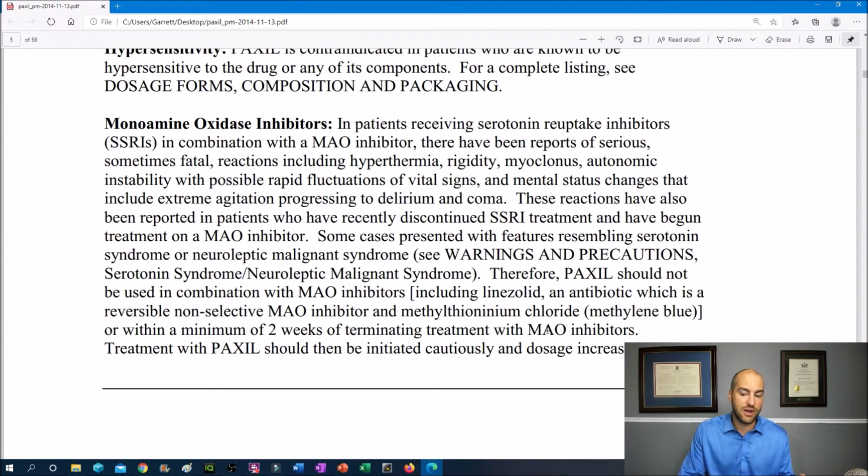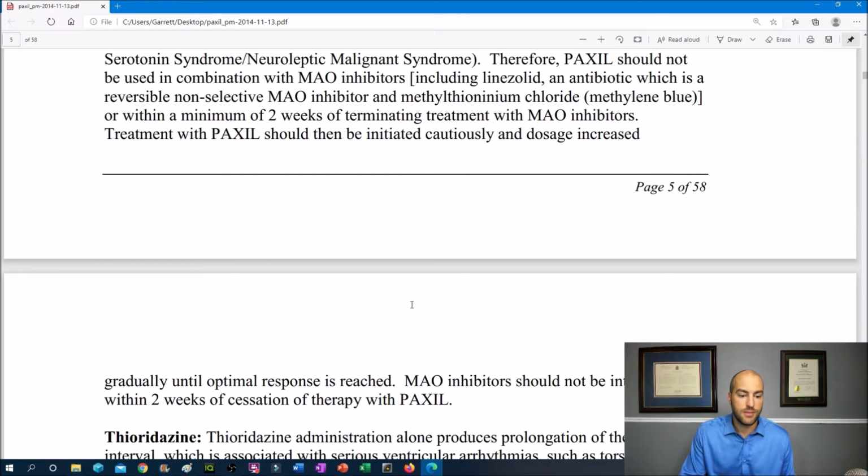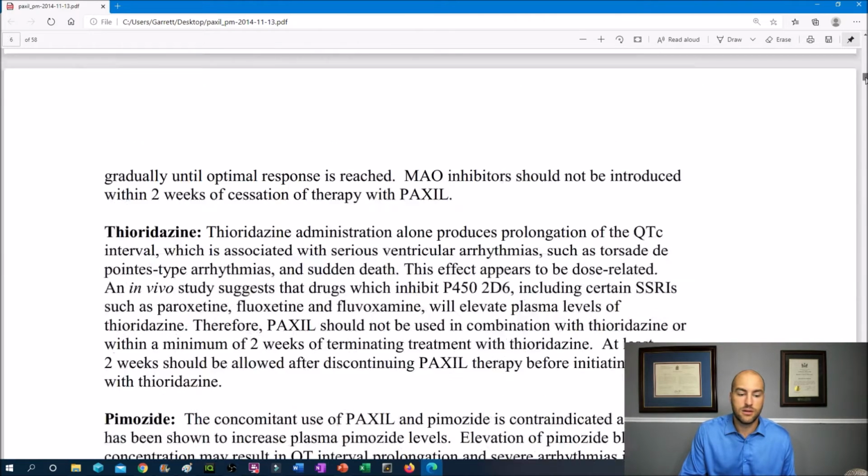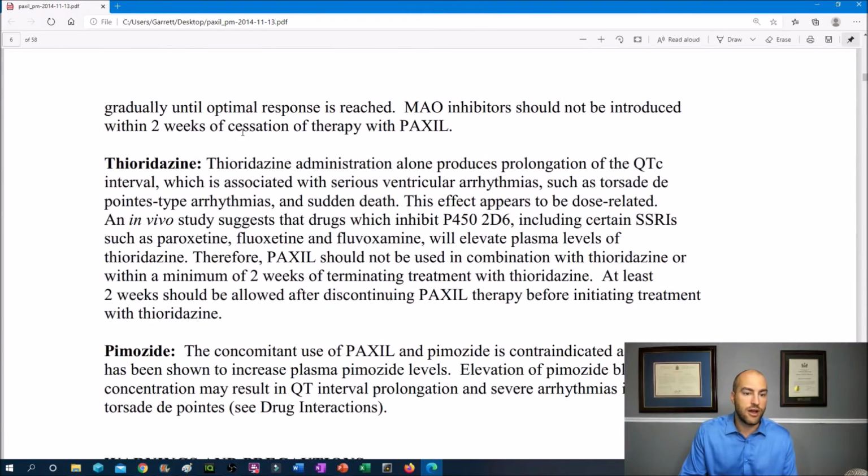So if you're on a monoamine oxidase inhibitor, stop taking the medication, and after 2 weeks it looks like you can use Paxil. Treatment with Paxil should then be initiated cautiously and the dose increased gradually until optimal response is reached. Monoamine oxidase inhibitor should not be introduced within 2 weeks of cessation of therapy of Paxil.